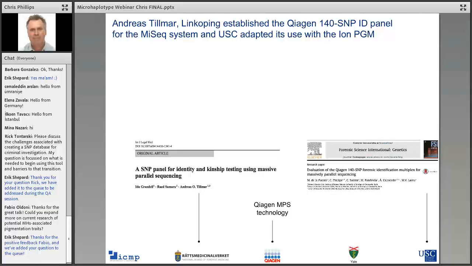So this can be used for the MiSeq or the IonPGM. And Andreas was instrumental in developing this panel for forensic use and tested it for the MiSeq system, and we did the same for the IonPGM. The 140 SNPs are based on the SNPforID 52 and Ken's additional 90 or so, I think it is.